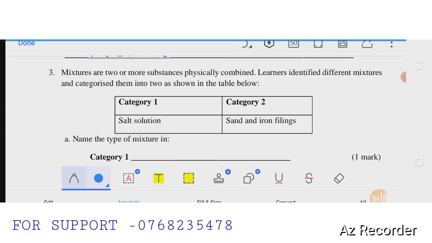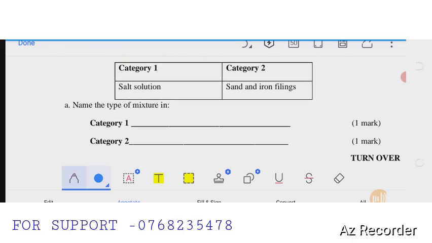So the next question, mixtures are 2 or more substances physically combined, which is true. Learners identified different mixtures and categorized them into 2, as shown in the table below. So the first category is salt solution, which is a mixture of salt and water.